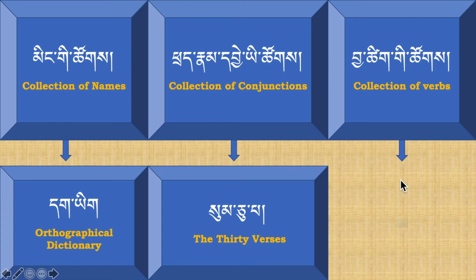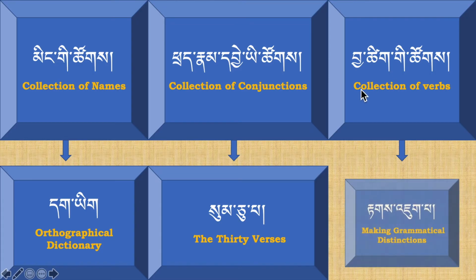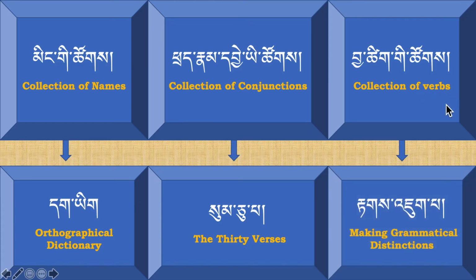The third one is, in order to improve our collection of verbs, we have to learn Tagjukpa. Tagjukpa is literally making grammatical distinctions. Of course, when we learn Tibetan grammar more deeply, it's kind of like gender. Some sounds are stronger, some are just normal.